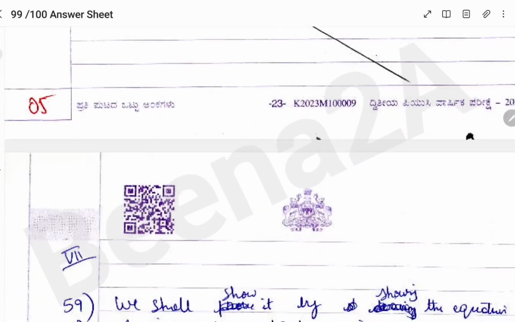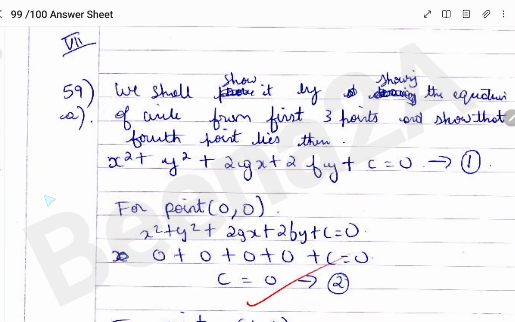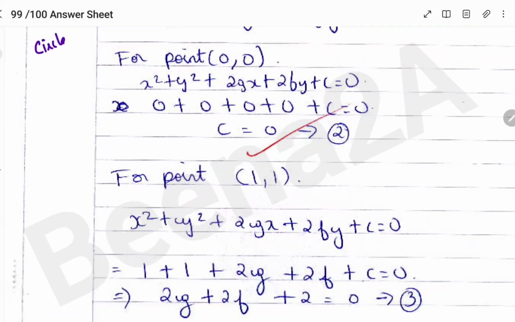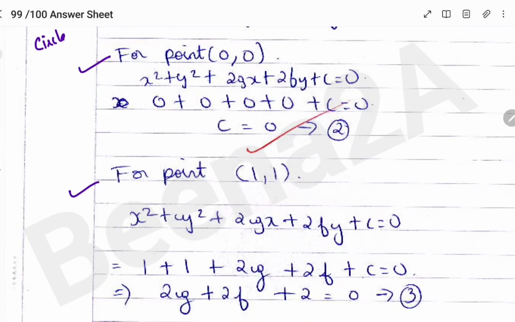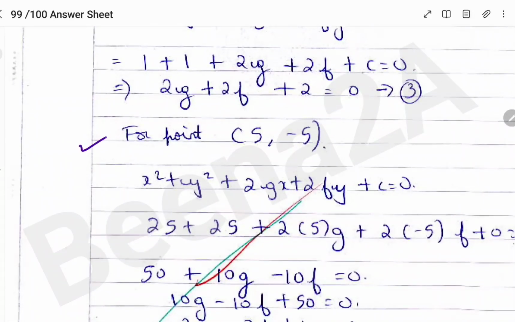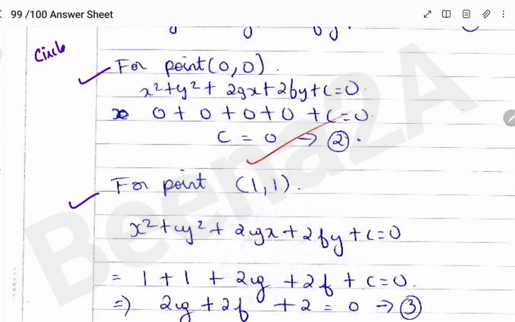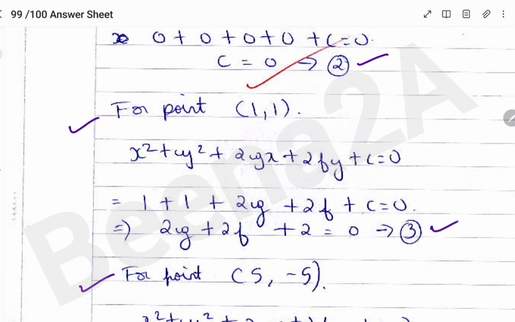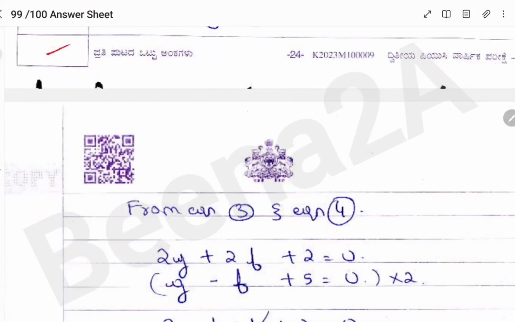Now coming to part E. Here it is to prove that the points are concyclic. This is a lengthy problem, but see how he has done it: first point, second point, then third point. He has numbered the equations 2, 3, 4.